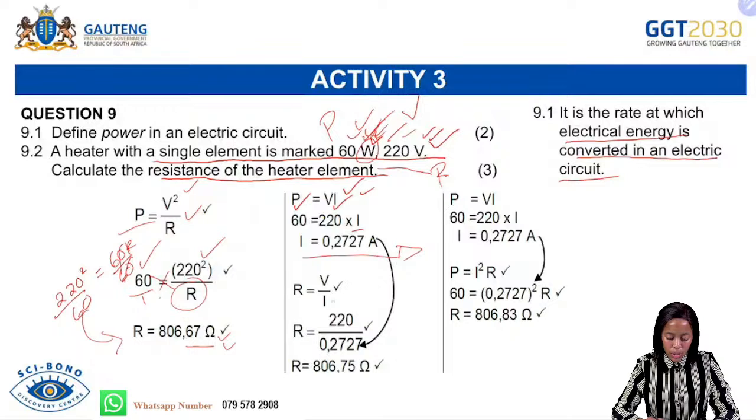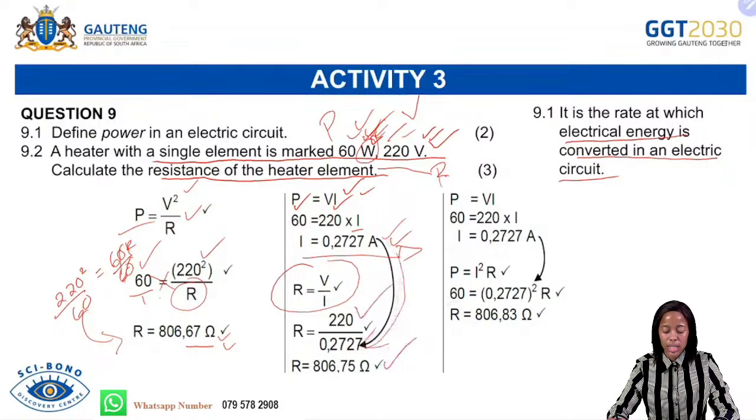From here, you are going to use Ohm's law again. With Ohm's law, you can substitute your current and the potential difference, and then you can have the answer for resistance in ohms.